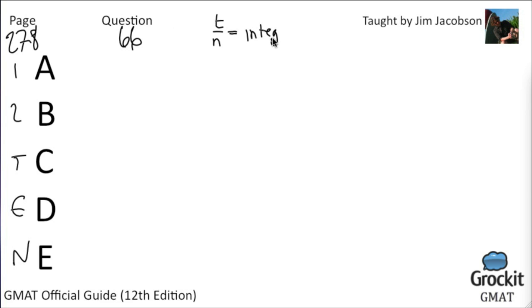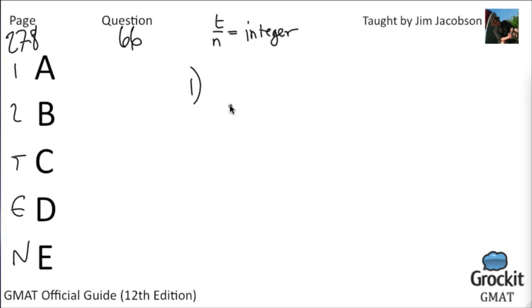That means that t is evenly divisible by n, because any number is evenly divisible by its factors. Whatever factors those are, you can evenly divide that larger number by the smaller number that are its factors. So t divided by n is an integer. Or, is t divided by n an integer? So this is a yes-no question. We need the answer to be always yes or always no.